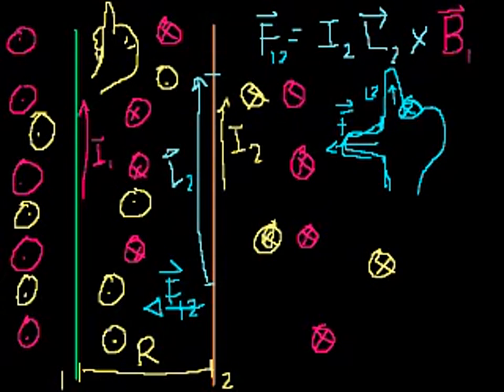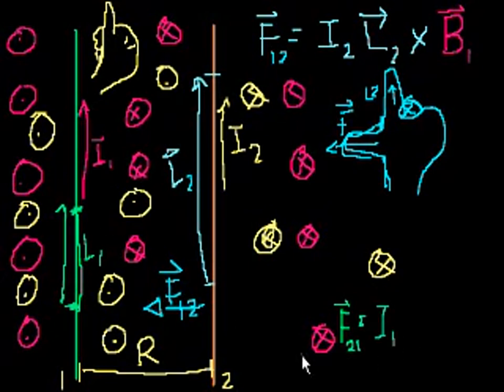So then we can write down the force, and let's take this distance, let's call that L1. So the force from current 2 on wire 1 of length L1 from here to here is equal to current 1 times L1, which is a vector, cross the magnetic field created by current 2.